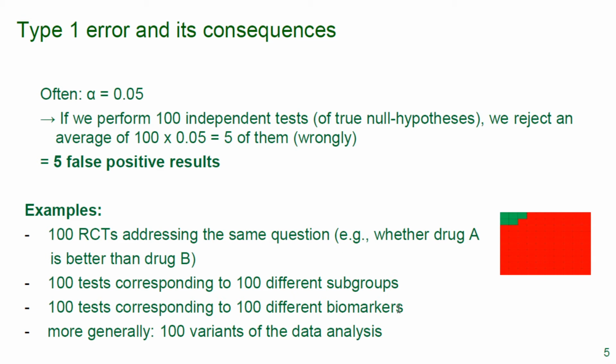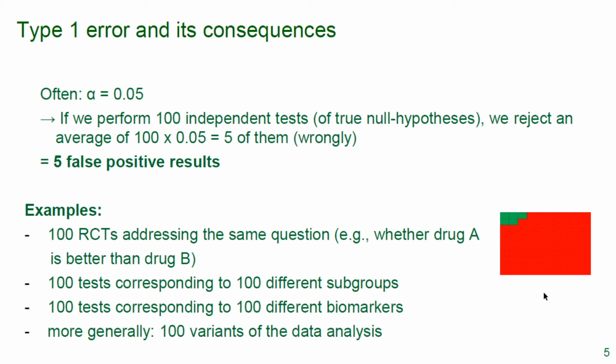Another example, which is also very important with respect to publication bias, as we will see later, is the case of several RCTs that address the same research question, for example, whether drug A is better than drug B. Imagine that 100 RCTs are performed to test this hypothesis.